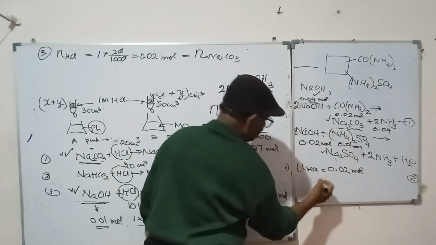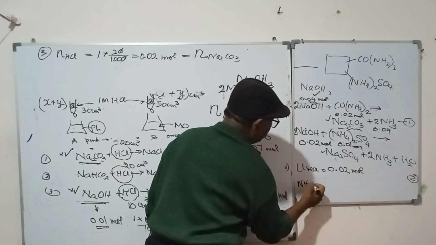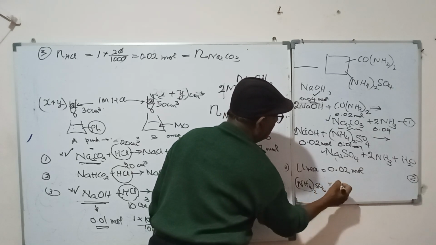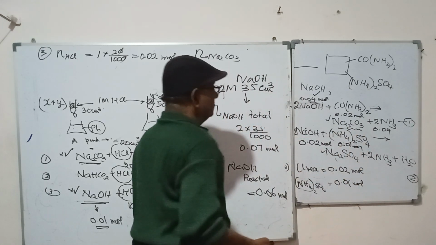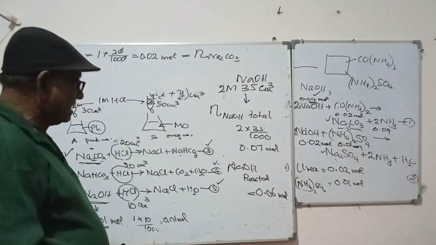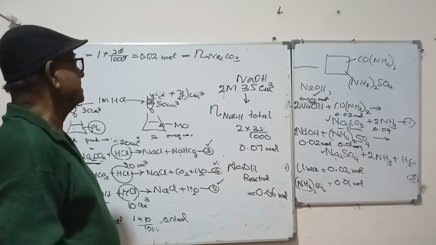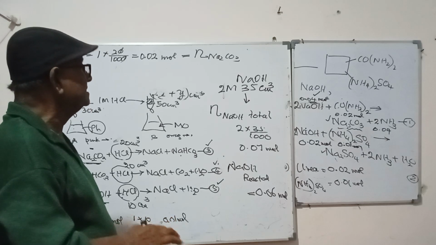Ammonium sulfate, (NH4)2SO4, 0.01 moles were present in this mixture. These are the initial amounts of urea and ammonium sulfate that were present in the mixture.